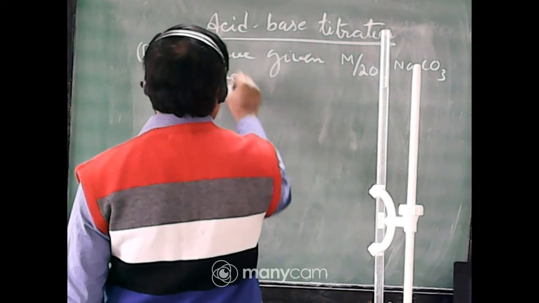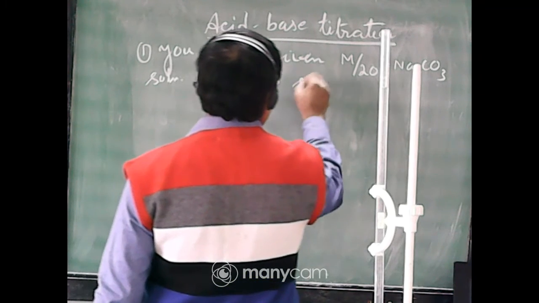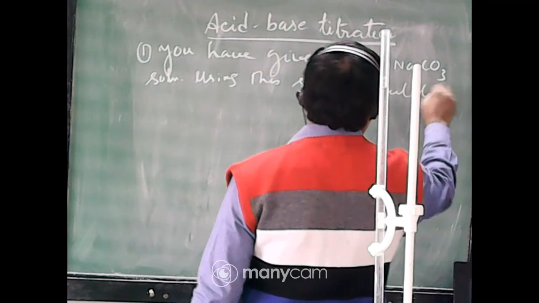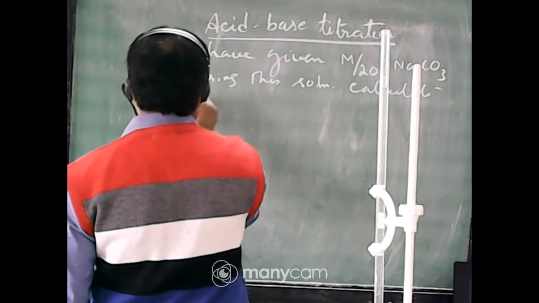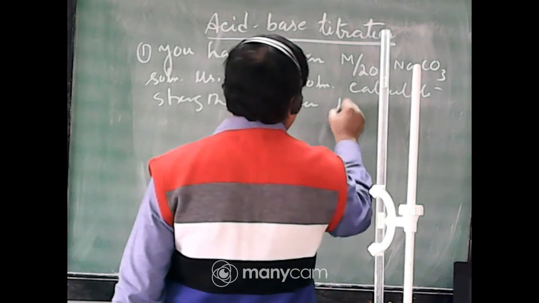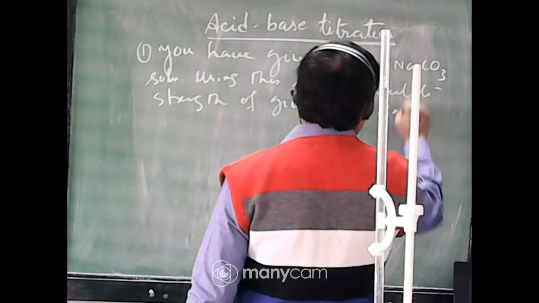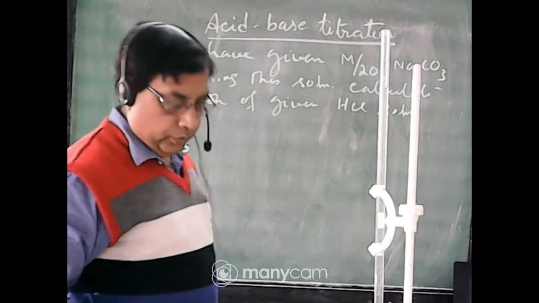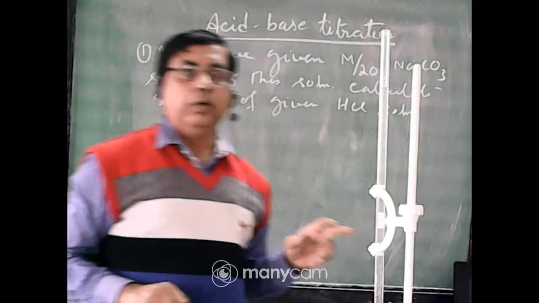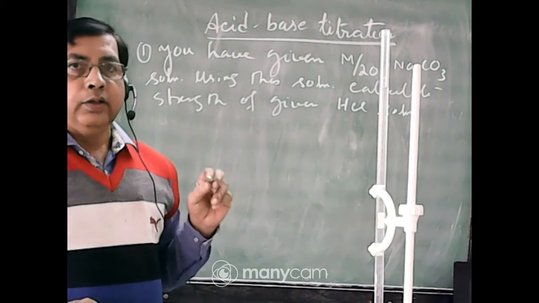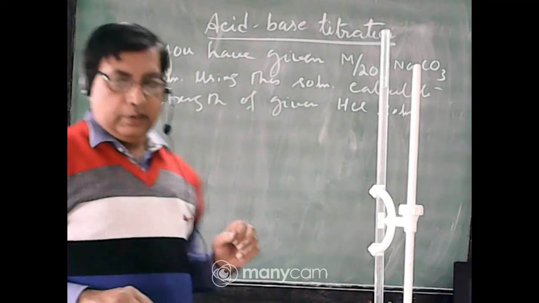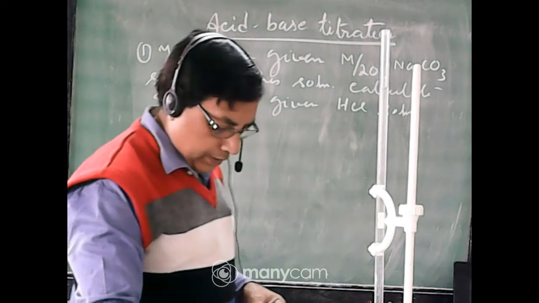Using this solution, calculate the strength of the given HCl solution. You use the M/20 sodium carbonate solution to calculate the strength of the given HCl solution. This is the HCl solution.